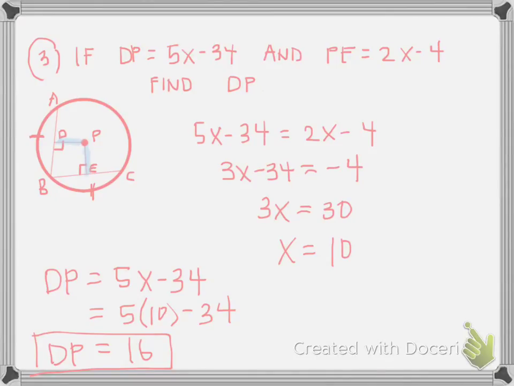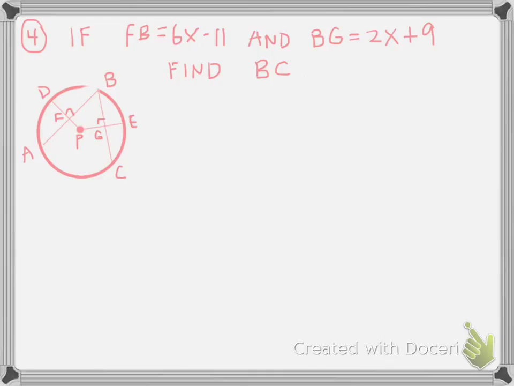Okay, let's do another one here. If FB is going to be equal to 6x minus 11, and BG is going to be equal to 2x plus 9, find the length of BC. Well, sorry, I forgot to put some marks, but those are congruent there. So if those are congruent, then this is a perpendicular bisector.